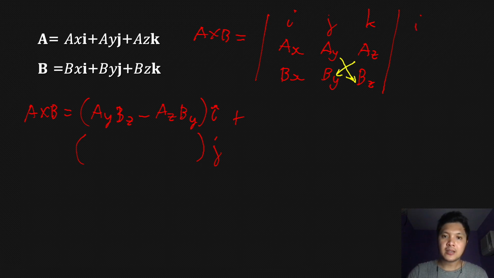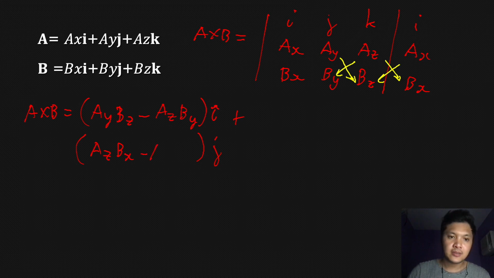I just write I here, and then AX, and then BX, and then it would be easier for me to do this: AZ BX minus AX BZ.